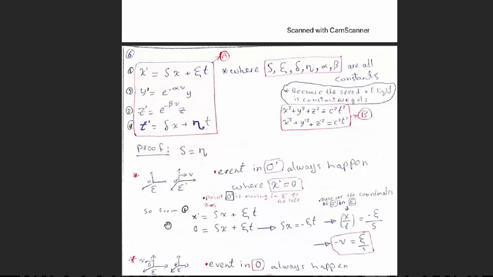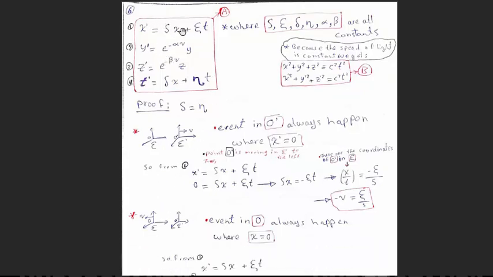So from this equation, and by applying that x dash equals 0, this is what we get: s x equals minus epsilon t. So x over t are the coordinates of O dash in sigma.